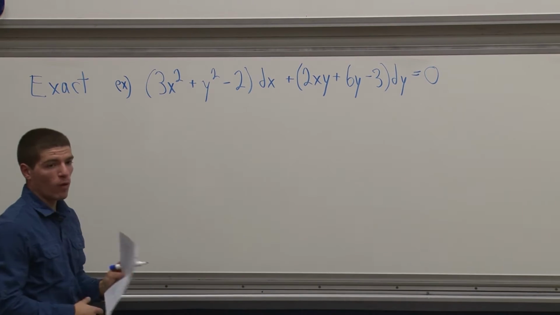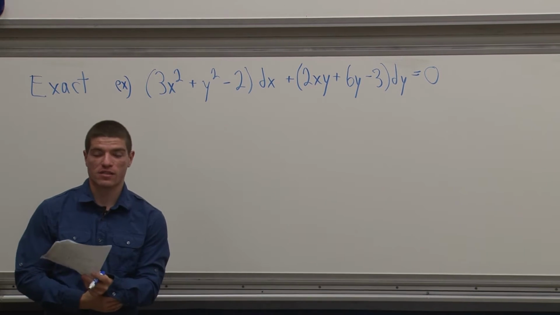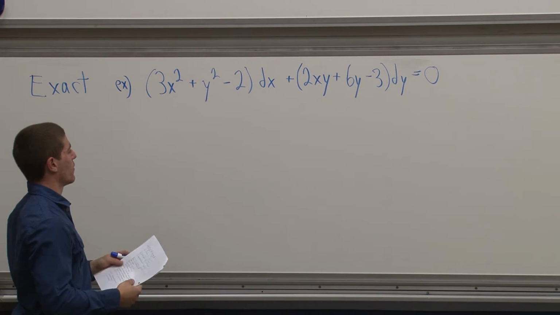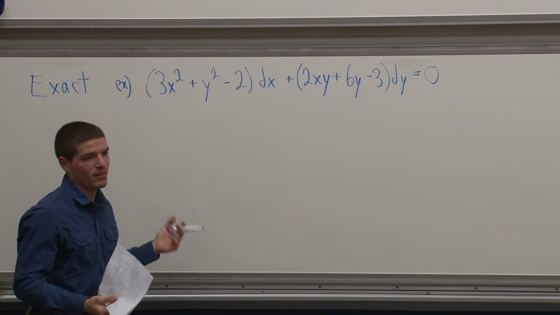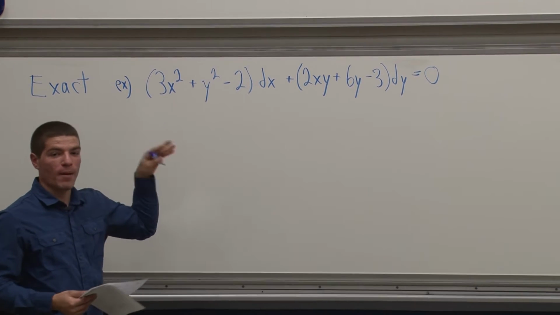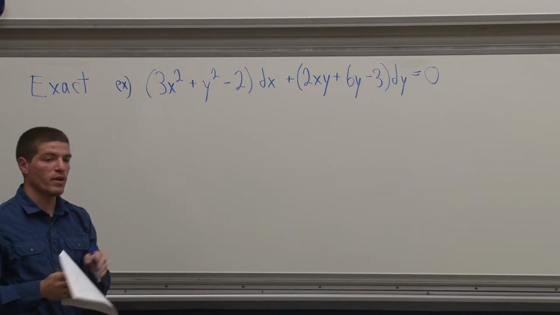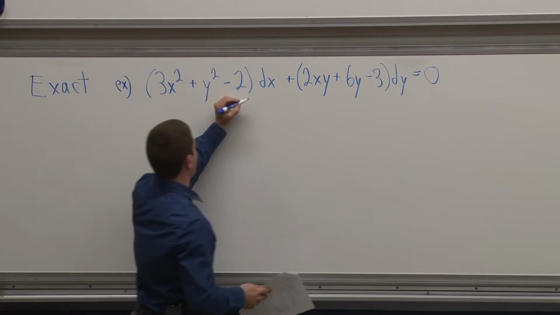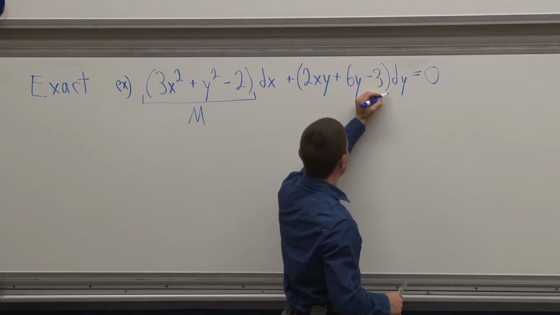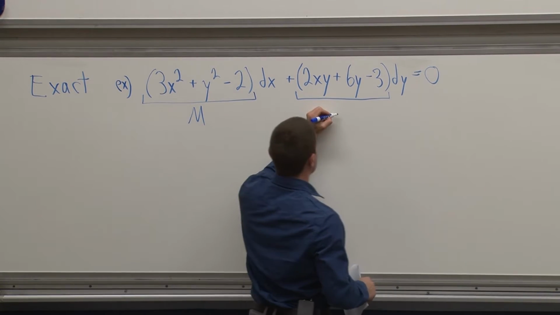Like I just said before, everything that has the dx in front of it, or in back of it, this whole polynomial term, this is going to be your M. So everything with your dx is going to be your M, and everything with your dy is then going to be your N.